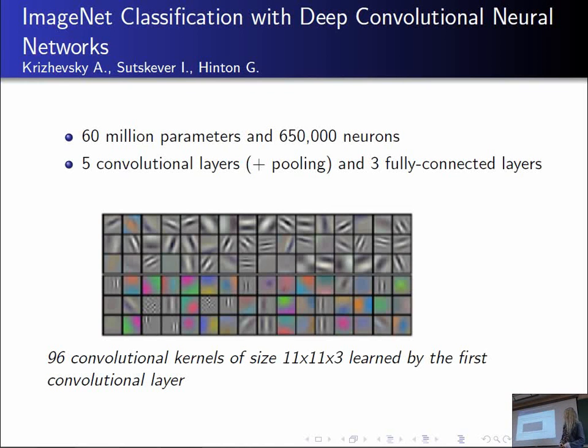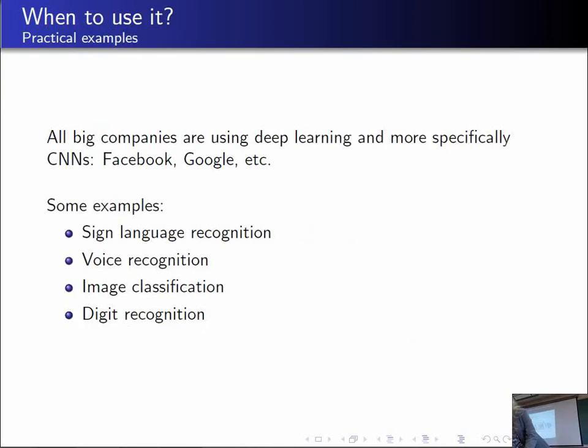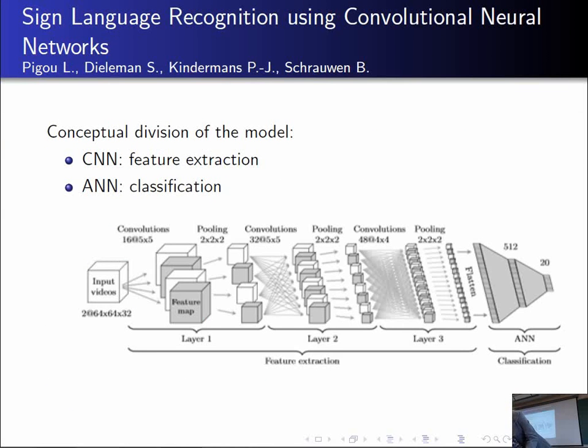So you have your first input layer and then the convolutional layer. Here they have 96 convolutional kernels. That means that they have 96 feature maps, because each kernel is associated with one feature map. Just to show, you have your input video, which is the input for your model, and then here you have 4 feature maps.